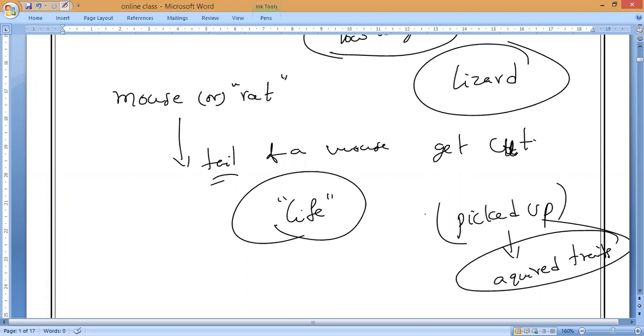Acquired traits. So all of you should remember: whatever is not coming through genetic changes or through our parents or ancient ancestors, if it is not coming by birth, or which we cannot pass to our next generation, then we call that acquired traits.